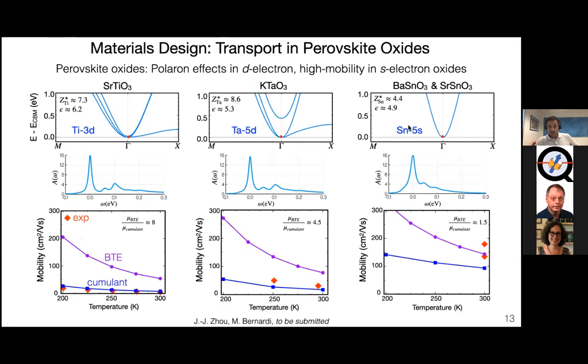However, in systems like barium stannate and strontium stannate, which have an s-like conduction band, we found that in general, polar ion effects are weaker, and these materials have a higher mobility, and they can be described with the simpler Boltzmann theory. So this study now allows us to find a descriptor for high mobility oxides. So look for an s-like conduction band.